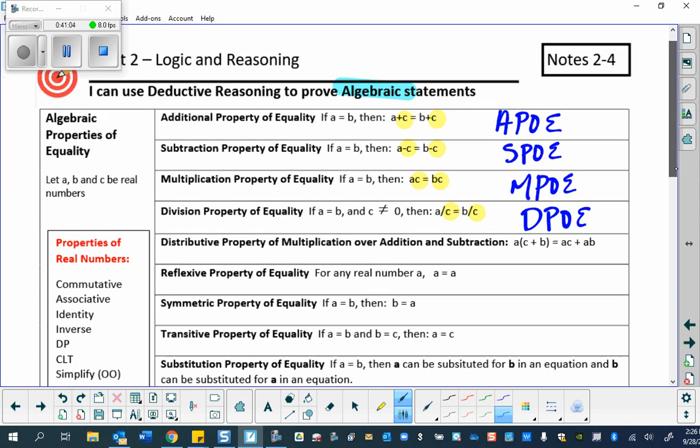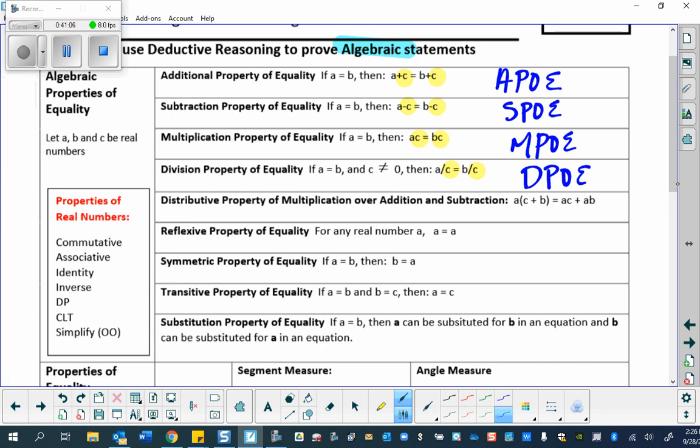When we start talking about some of the other properties that you learned in algebra, some of the properties were actually not of equality, but properties of real numbers. And these properties of real numbers were the rules that let you manipulate and finagle things on just one side of the equal sign.